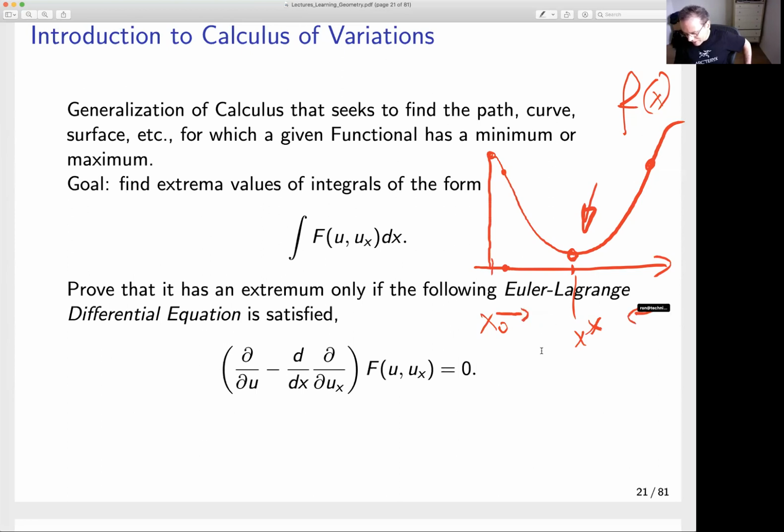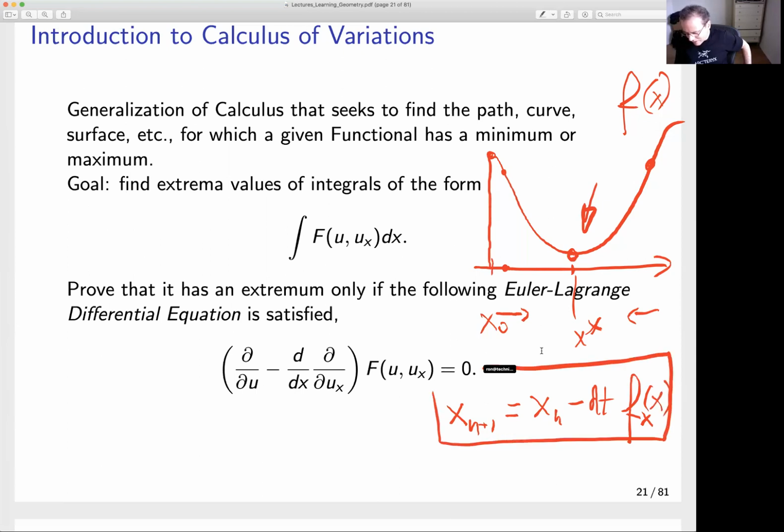So in fact, let's write it in iterations, and then let's write a differential equation for that. x_{n+1} equals x_n minus some, usually we call it the step size, so let's call it dt, times the derivative of my function. This is a gradient descent process, okay?